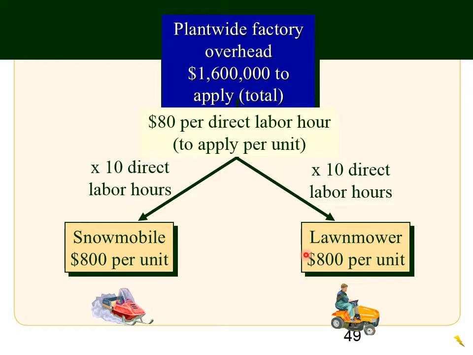Finally, we talked about how to apply overhead using a predetermined overhead rate by selecting a cost driver, not something you will be doing at this introductory course level, but something that will be given to you. And we've talked about how you estimate your overhead. Take that, plug in the formula, figure out the cost per hour, as in this example, and apply it per unit based on the number of hours that have been used to manufacture this product.